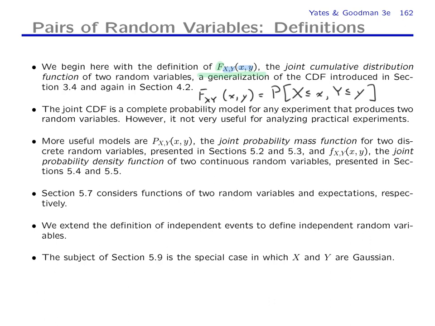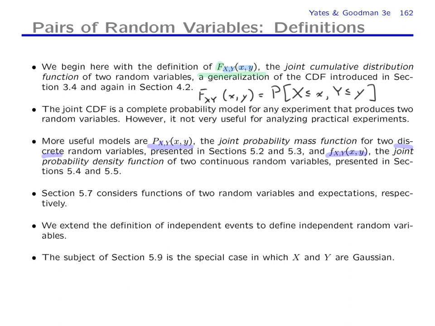More useful models are the joint PMF for two discrete random variables and the joint PDF for two continuous random variables. The joint PDF in particular is useful and convenient because we get to use calculus of two random variables to analyze probabilities in a convenient way.